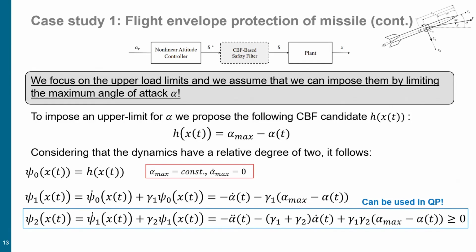I didn't put it here because it's too much, but alpha dot dot is basically proportional or directly correlated to q dot, right? And q dot is somehow your moment, and the moment is directly connected with your delta, let's say the pitch command you give, right? So then you have your final CBF that you can use.